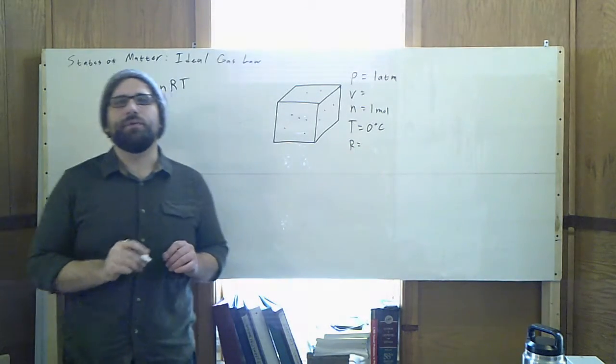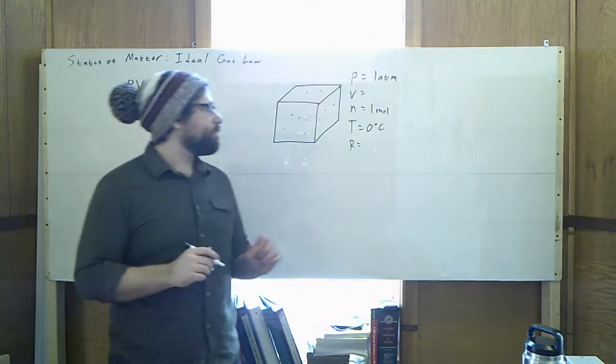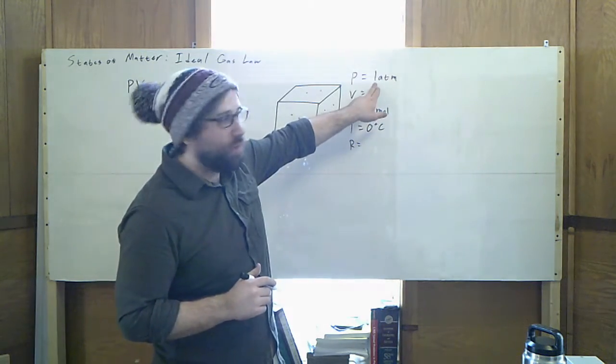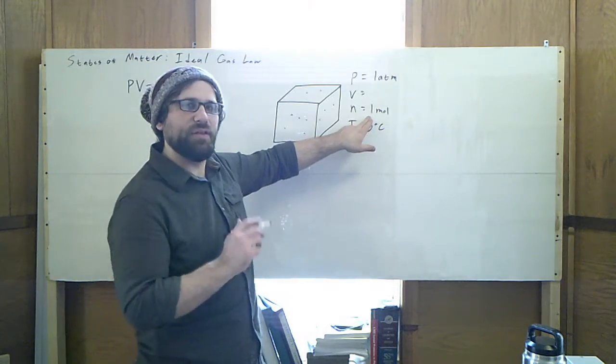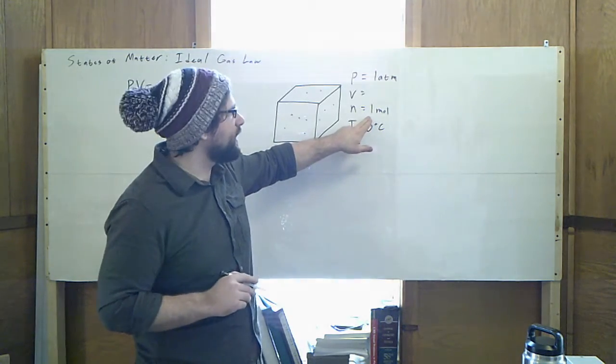For our last example, we're going to look at a certain condition. At a pressure of 1 atmosphere, at a temperature of 0 degrees Celsius, how much volume does 1 mole of a gas take up?